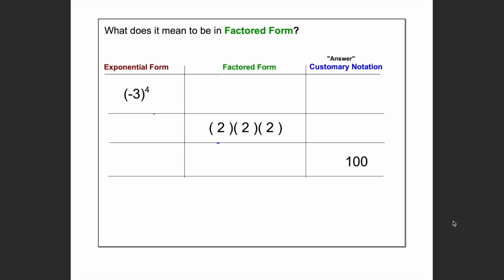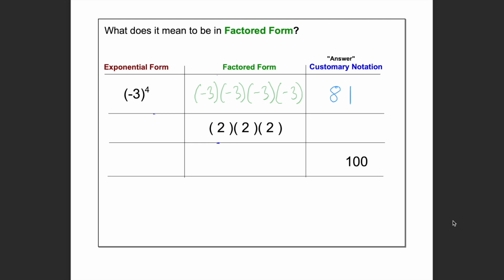So factored form for negative 3 to the fourth would be negative 3 times negative 3 times negative 3 times negative 3. So negative 3, 4 times. And the customary notation, or the answer, well, negative 3 times negative 3 is positive 9. And the other two are also positive 9. So 9 times 9 is 81.